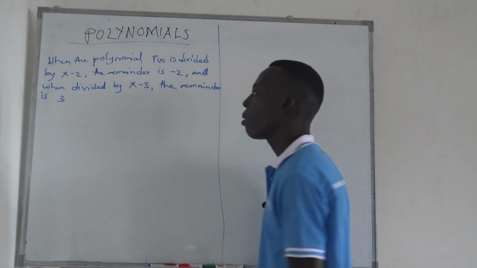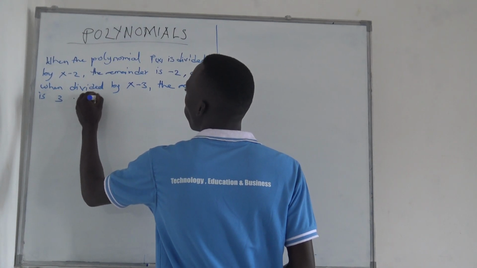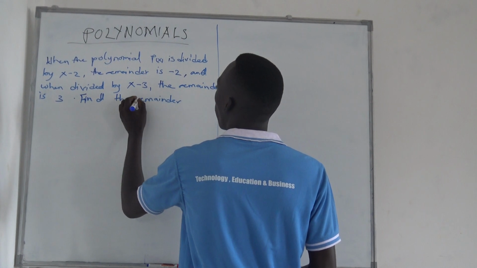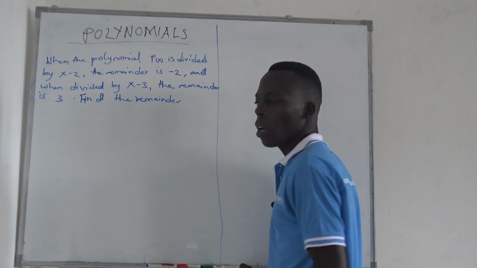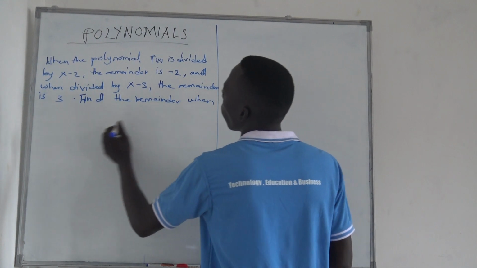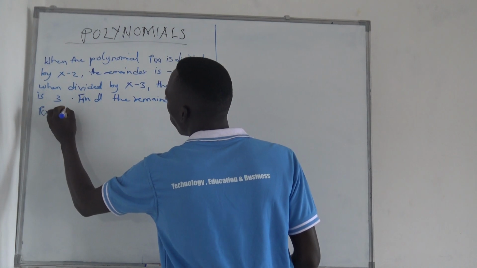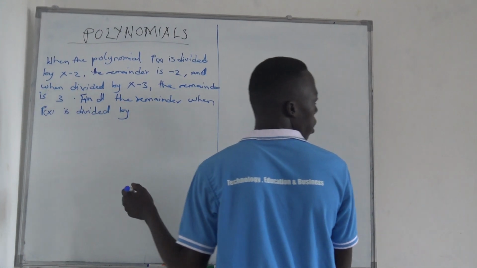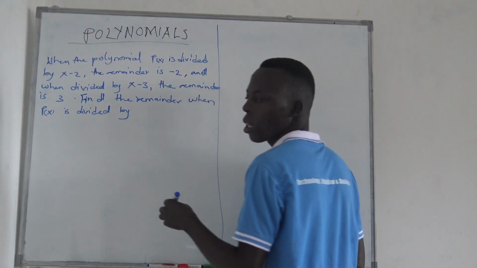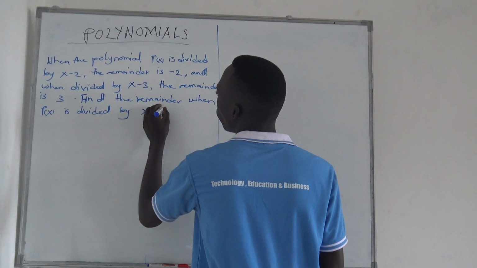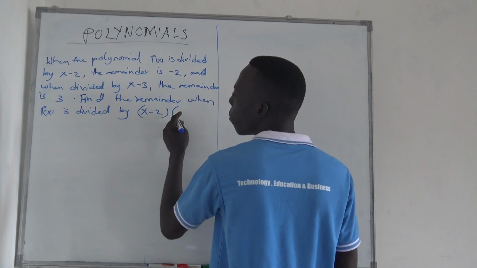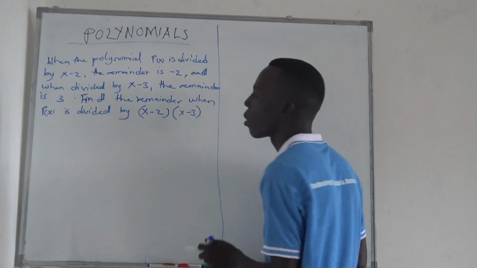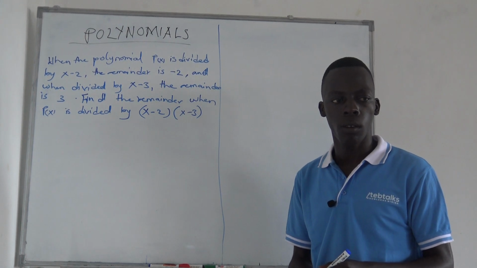So now they are saying find the remainder when p of x is divided by x minus 2 times x minus 3. So that is the equation which you have to do.